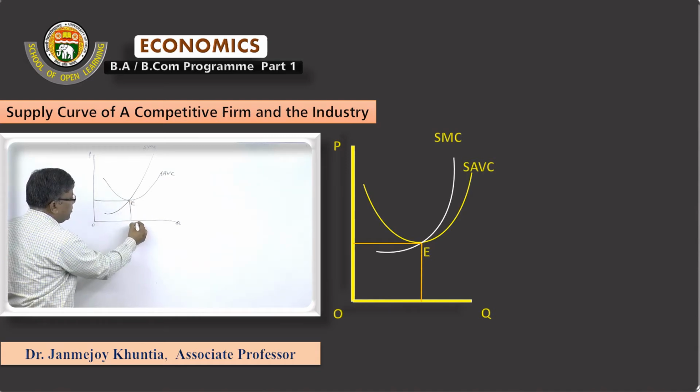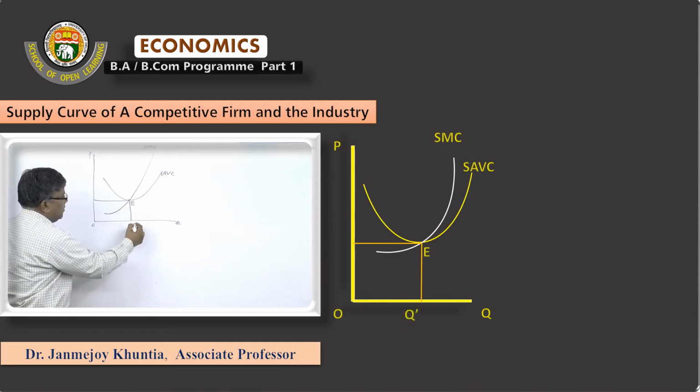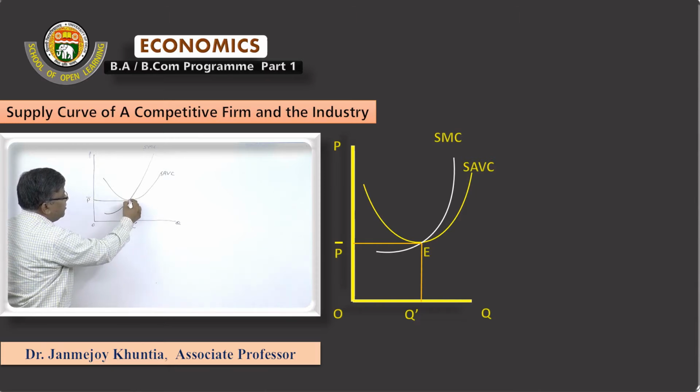The rate of output Q dash can be supplied only above the price P bar, because the point E, which corresponds to price P bar, is nothing but the shutdown point.